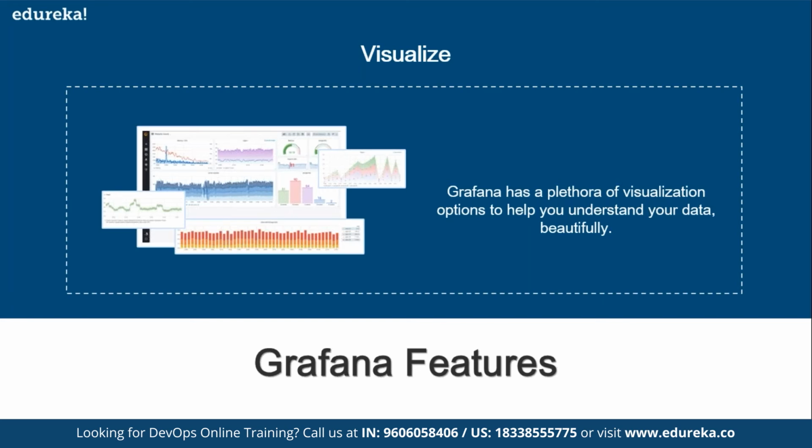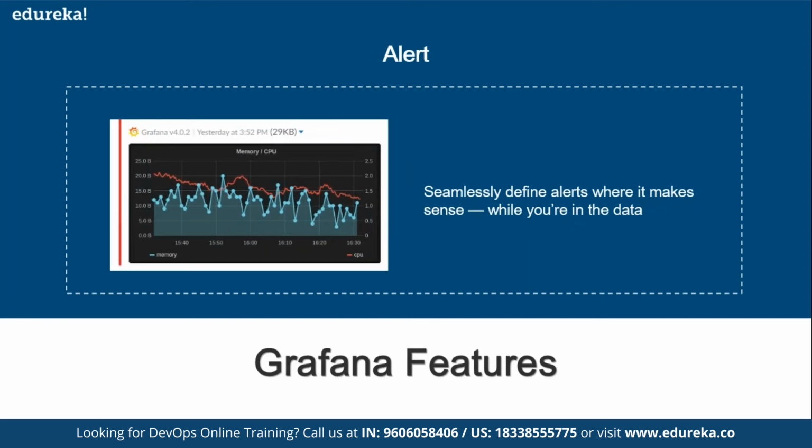And of course, the second feature is alerts. Seamlessly define alerts where it makes sense. While you're in the data, define thresholds visually and get notified via Slack, PagerDuty, and much more. You can also unify data in Grafana, which brings your data together to get better context.